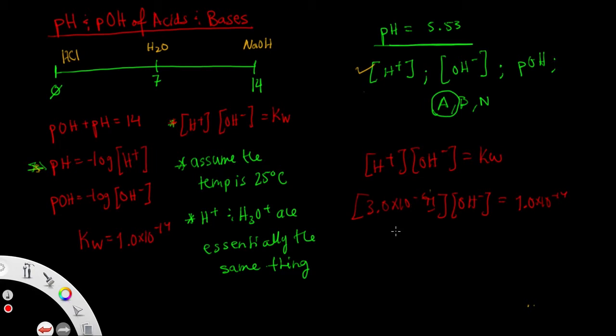And if we divide both sides by 3.0 times 10 to the power of negative 6, then we can find our OH concentration to be 3.3 times 10 to the power of negative 9. And sorry, this negative is supposed to be on the inside. I'll scratch that. And this will be our OH concentration, moles per liter of OH minus.